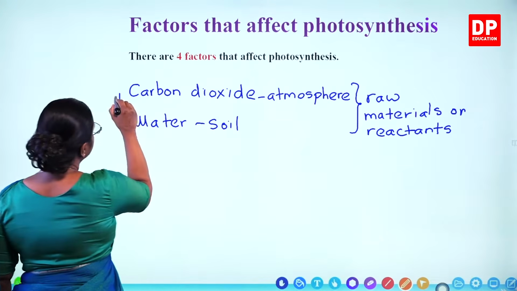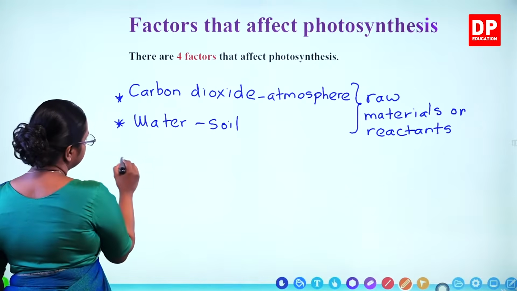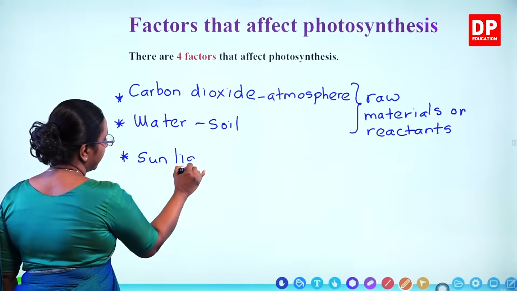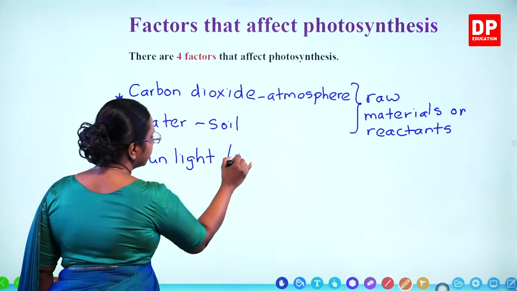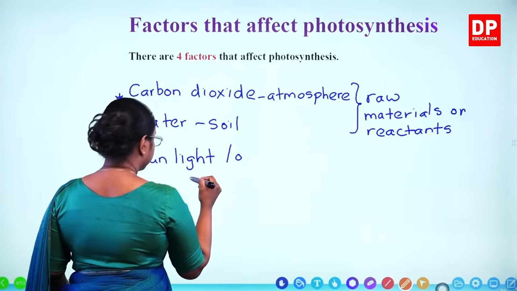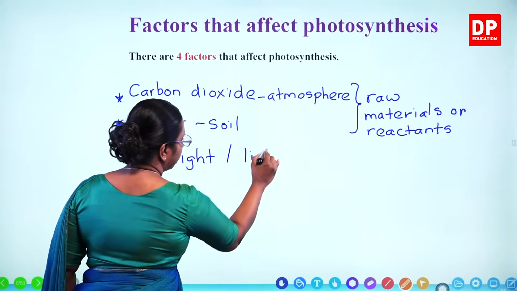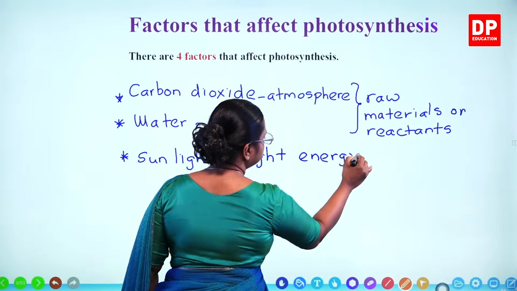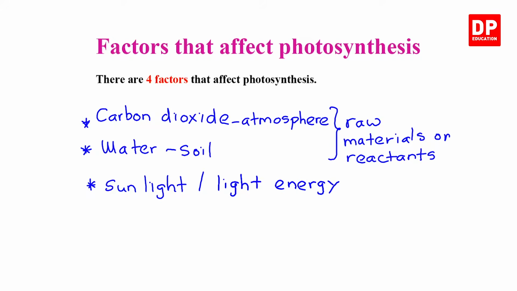Then we have the third factor, that is sunlight or light energy. All these 3 are obtained from the external environment.